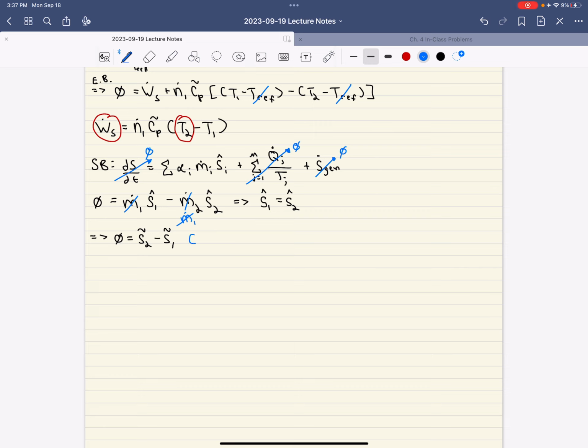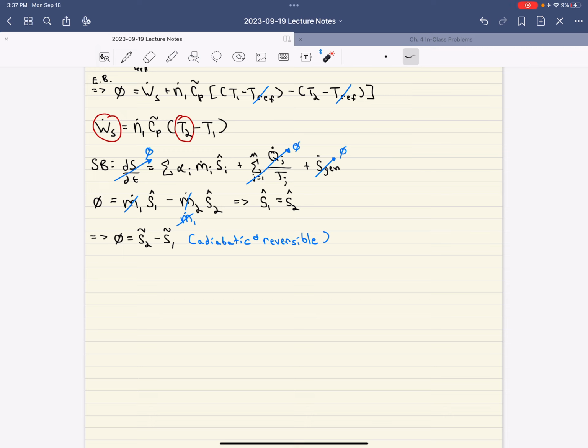And typically you see this when you're dealing with adiabatic and reversible systems. Adiabatic makes the Q term 0, and reversible makes Sgen 0. And as a result, your change in entropy is also going to be equal to 0.